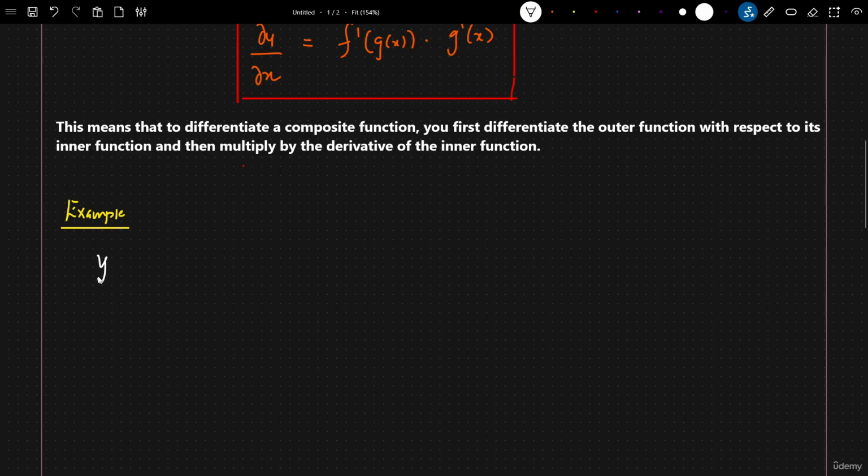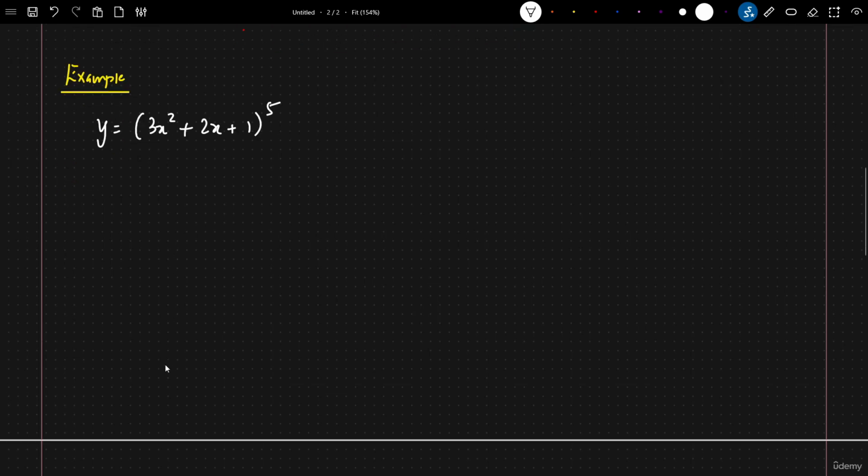Let's consider that I have a function y is equal to 3x square plus 2x plus 1 to the power of 5. Okay. Now, in order to solve this chain rule, first of all, step 1 will be to identify the outer and inner function.